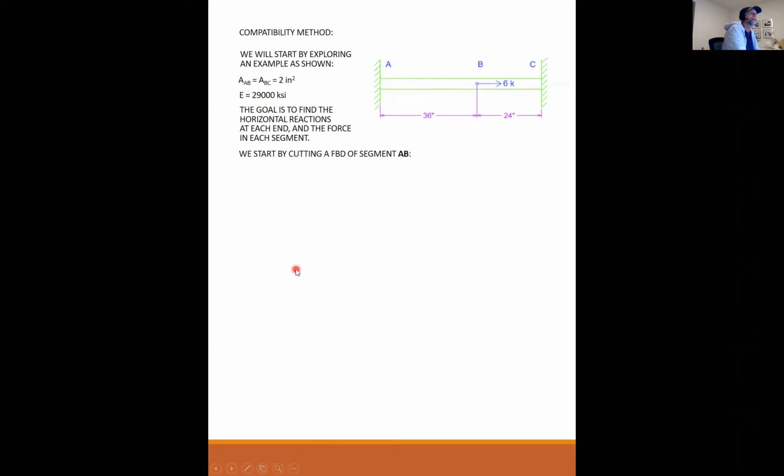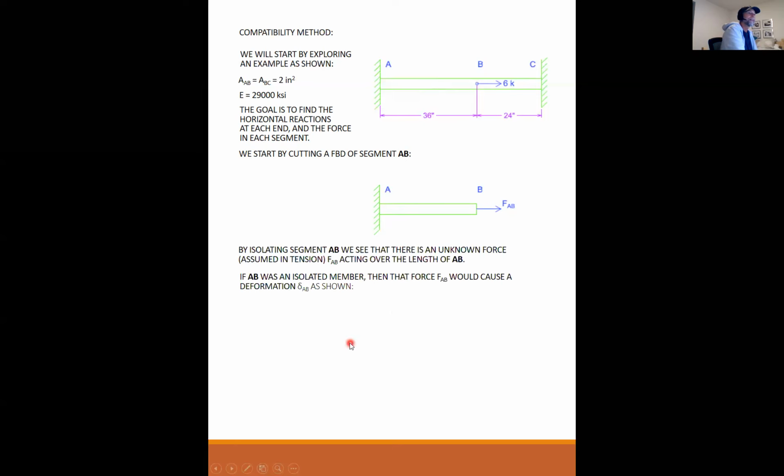We will start by cutting a free body diagram of segment A to B. So this is what it looks like. I have my end here, I still don't know anything about it, and I have an unknown force A to B somewhere in here.